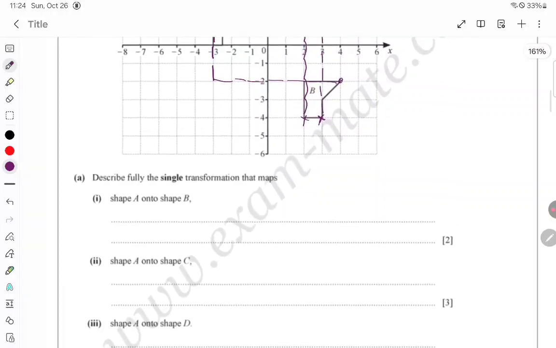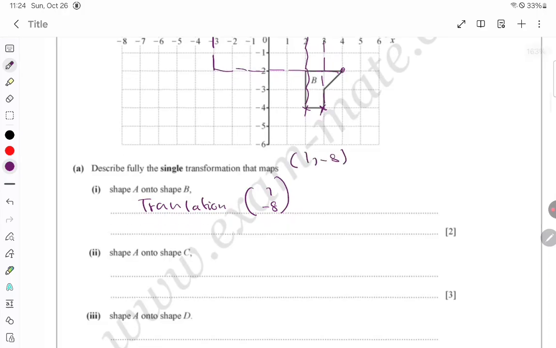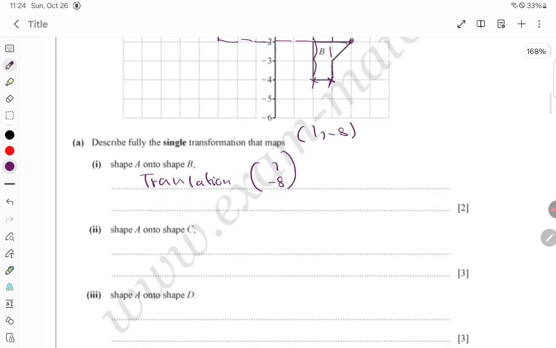We can say that the translation is 7, negative 8, or we can write it as 7, comma, negative 8. This is in the vector form. Now shape A onto shape C.